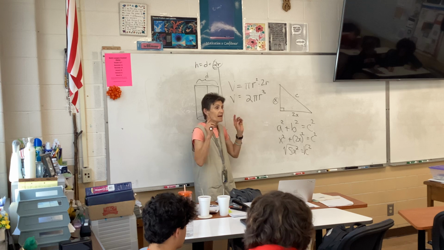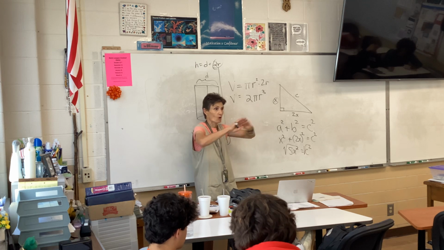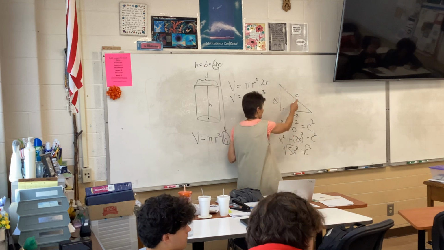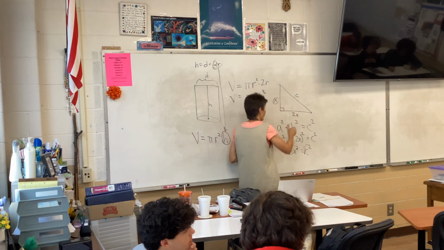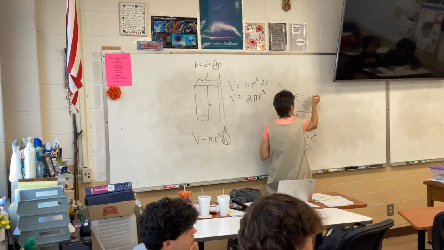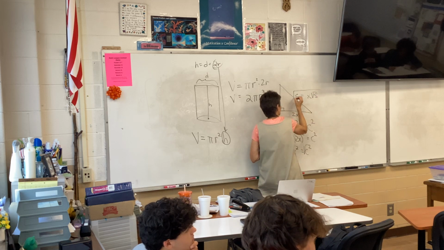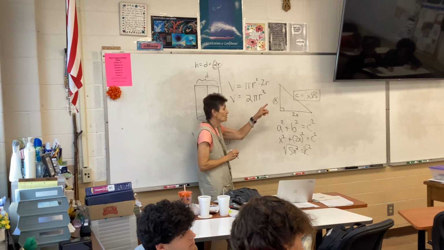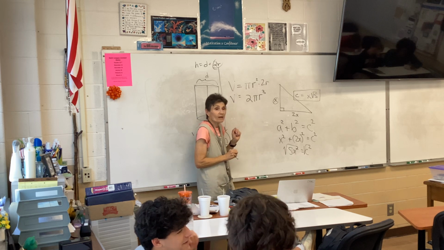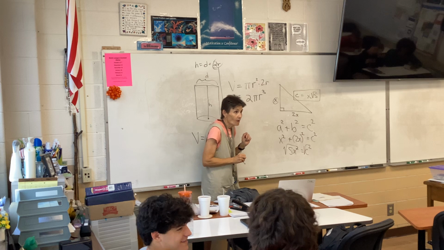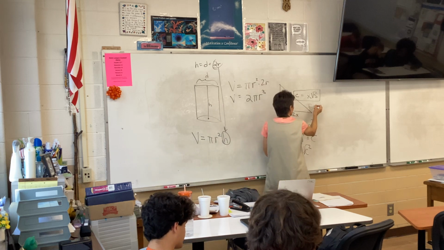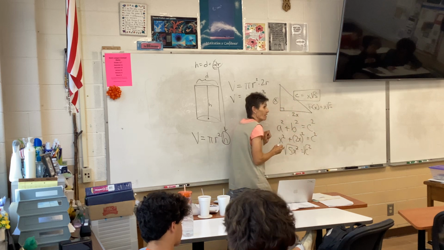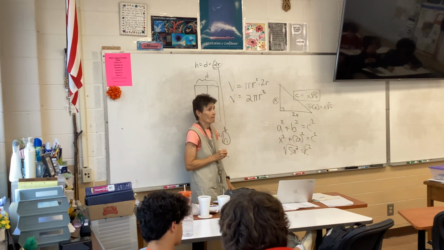So, yes, I want you to think about plus and minus all the time, but not this time, because that can't be negative. So what does it equal though? X root 5. There's your formula. Now, I used C. Could I have used Y? Or, better yet, could I have used function notation? Yeah, that would be perfect.